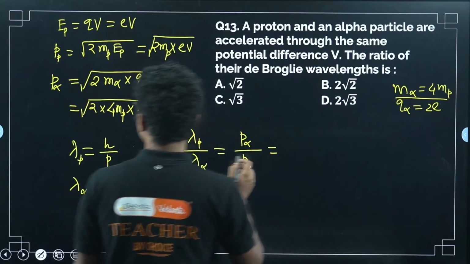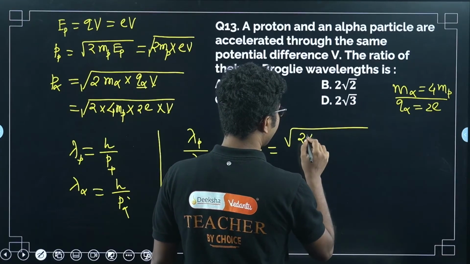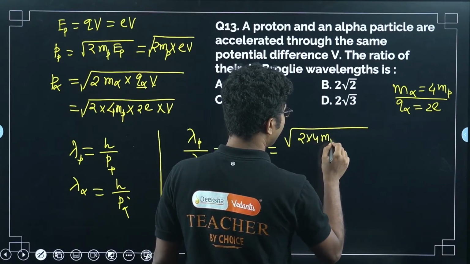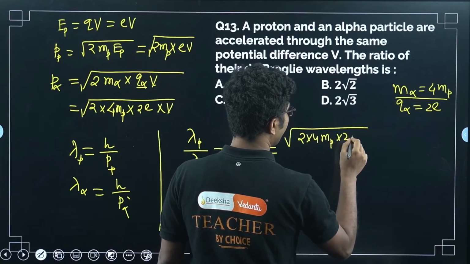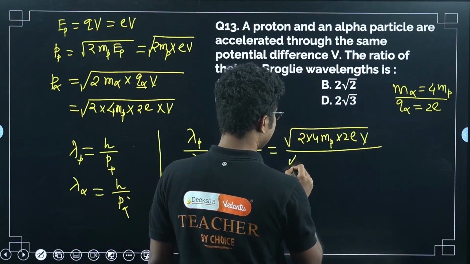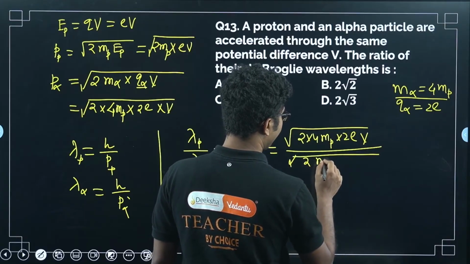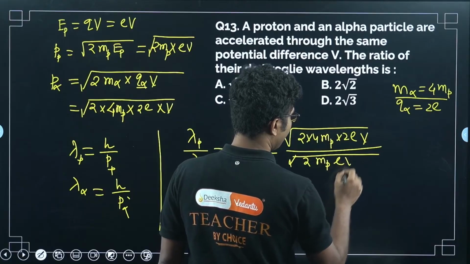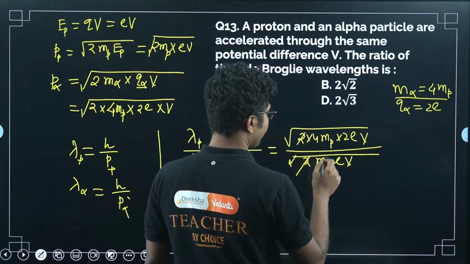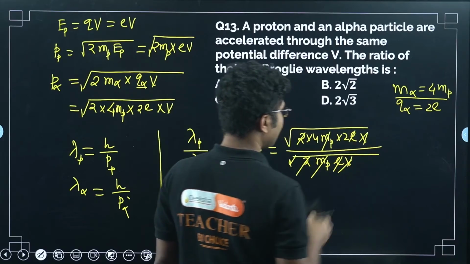So p alpha is nothing but the entire thing, 2 times 4 mp times 2 eV, and pp is 2 mp eV. So 2, mp, e, V, they are all cancelled.